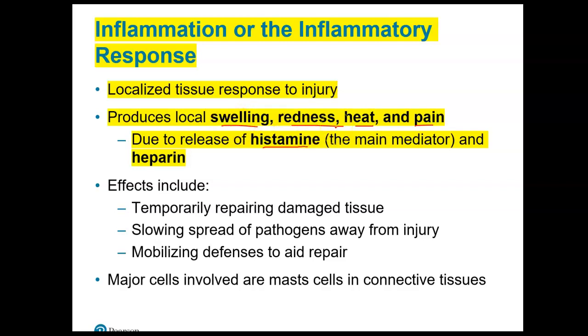The redness is because the blood vessels dilate, particularly around the area of infection, and that allows more of your immune cells and chemicals to get to the area. The heat is from the increased blood flow to the area, and the pain is from the swelling pushing on nerve endings. So swelling, redness, heat, and pain, the 4 cardinal signs of inflammation.